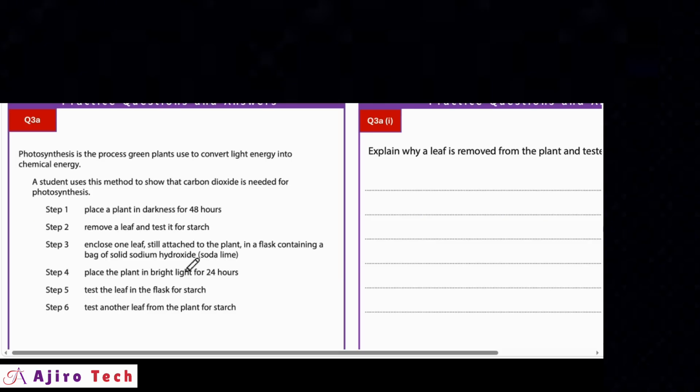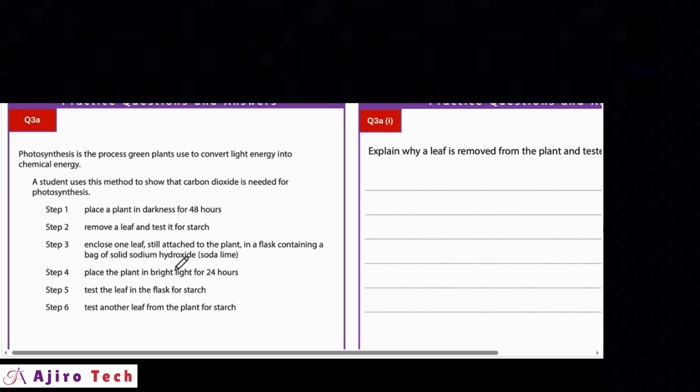Step 1. Place a plant in darkness. Place a plant in darkness. So let me be breaking it down before we get all the way to step C. Step 1. Place a plant in darkness. Why are we doing that?